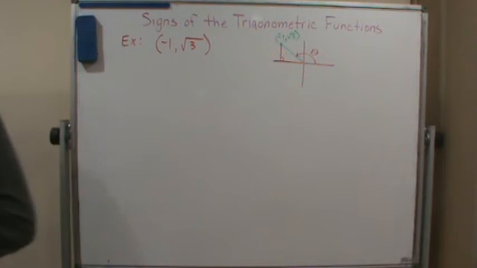So now, what are they asking me to do? It says determine the trigonometric functions of theta if the terminal side of theta passes through that point. Okay.